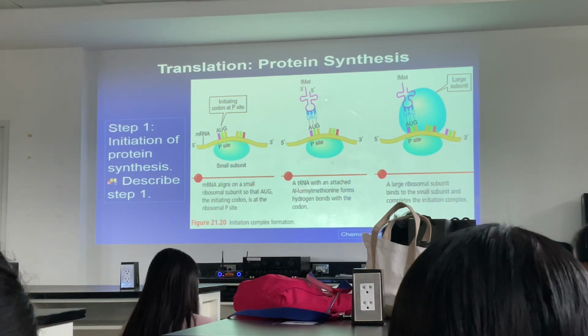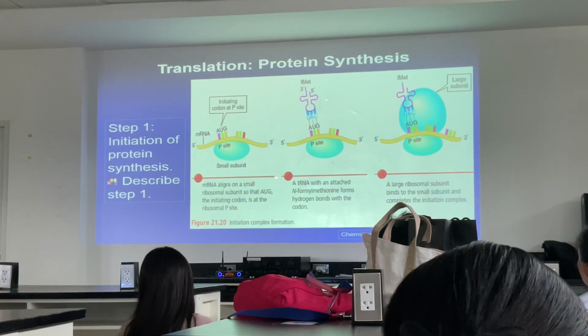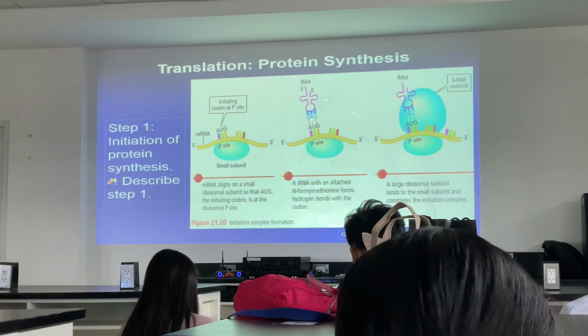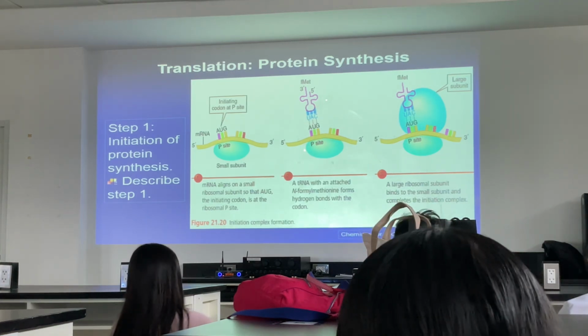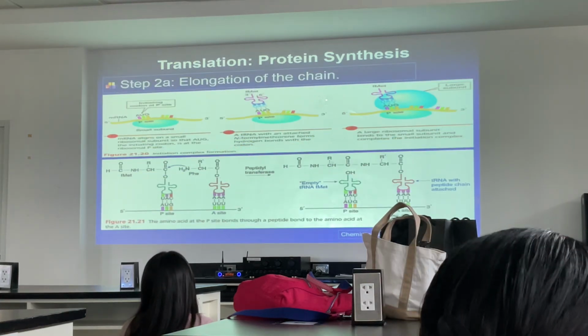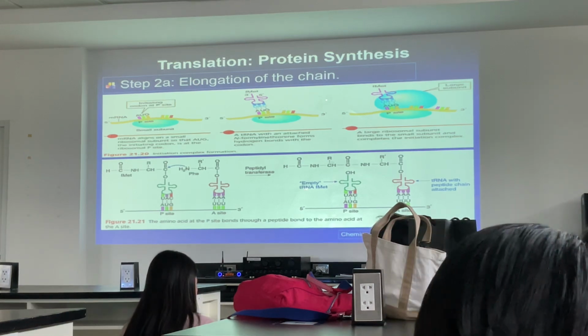But in human beings, it's simply methionine without the N-formyl that will be carried by the tRNA to the small ribosomal subunit. So we are now in step 2A, elongation of the chain.